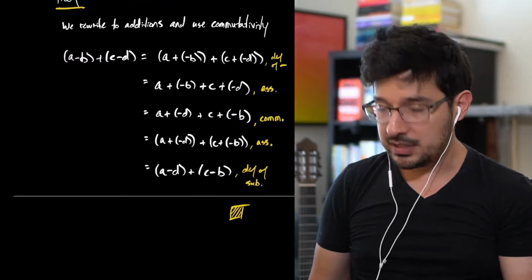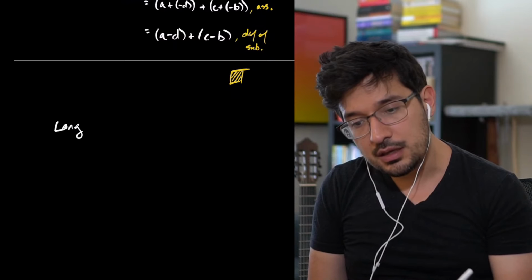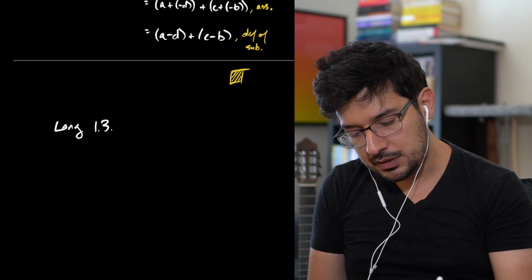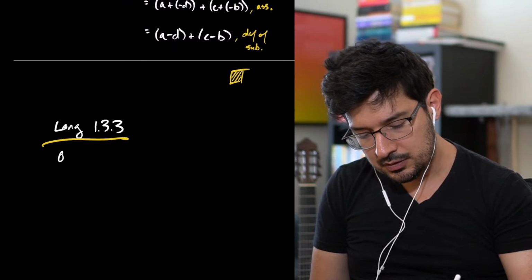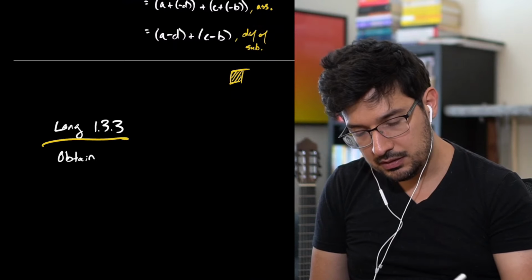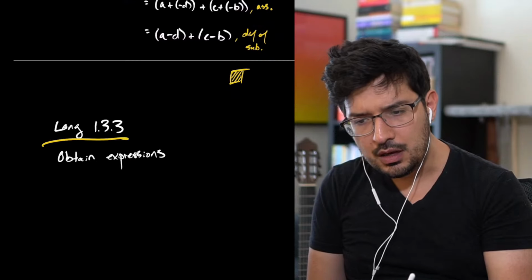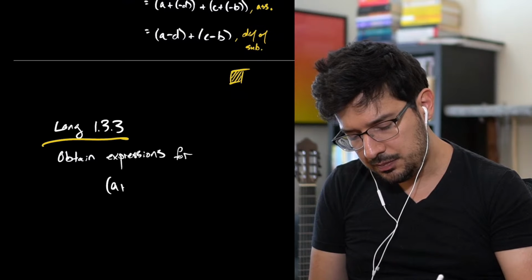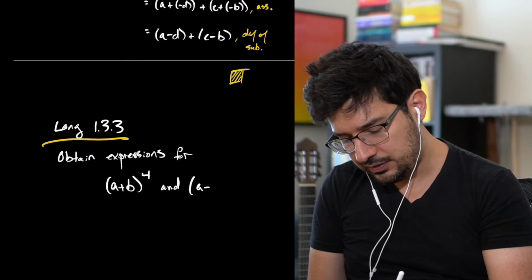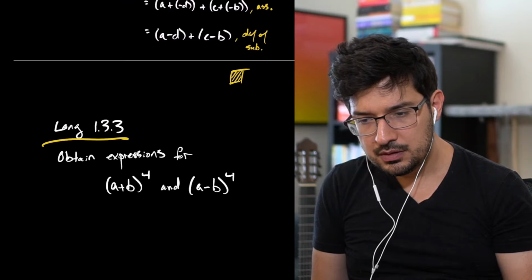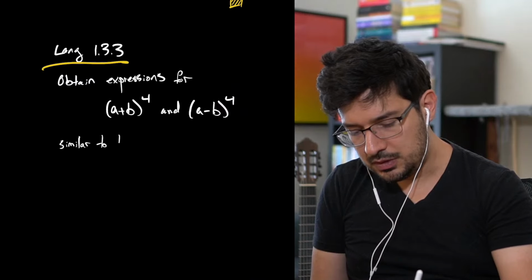In section 3, we have this problem. For me, the next one I have not worked is this. Lang 133 says, obtain expressions for a plus b to the fourth and a minus b to the fourth, similar to the cube of a sum and the cube of a difference.